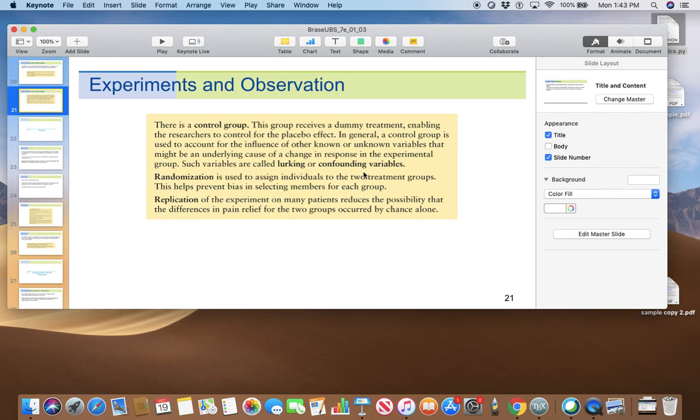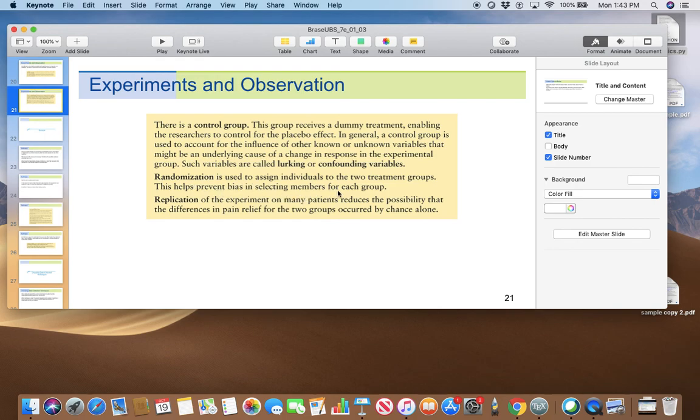So you might want to be able to catch hold of such possibilities, right? You don't want to be administering unnecessary medicines when there are other factors which might actually be more effective. Now, those other factors are called lurking or confounding variables.